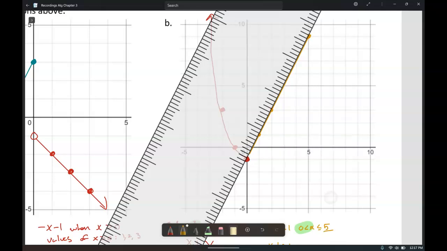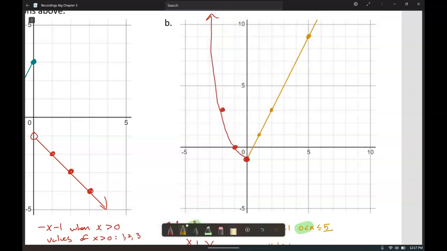It's included in another part of the function. So we just have to extend up in this direction. And that line will go all the way up to the red point. And while our middle function does not include x equals 0, they overlap at that point. So it kind of picks up where it left off and creates a straight line.